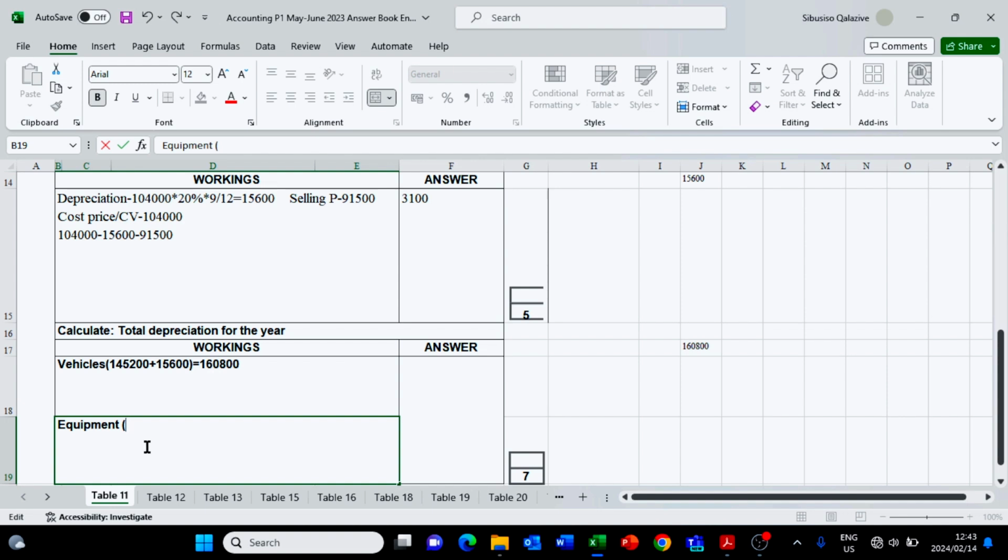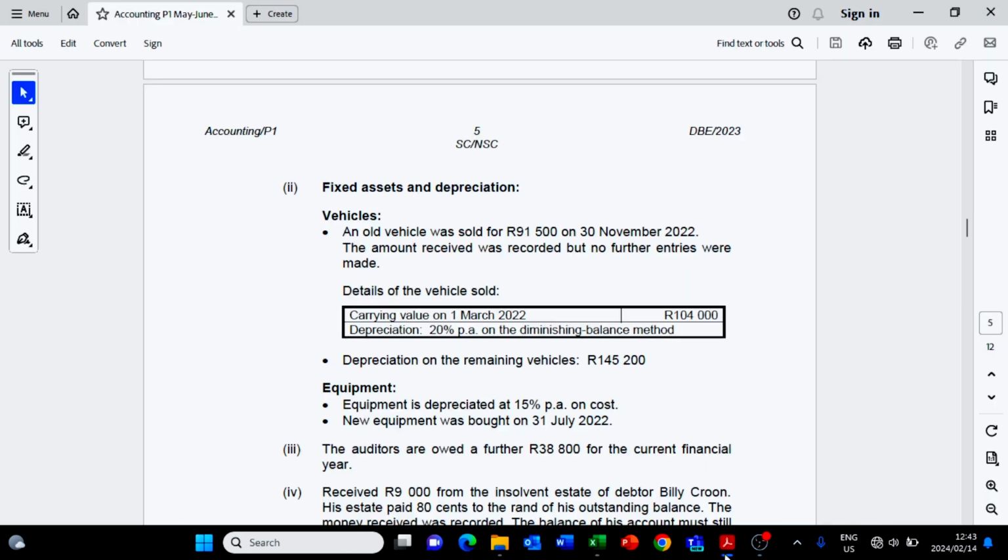Let's go to our information and get the information with that. Okay, equipment is depreciated at 15% per annum on cost. New equipment was bought on 31 July 2022. So this new equipment, how long did it spend in this current year?